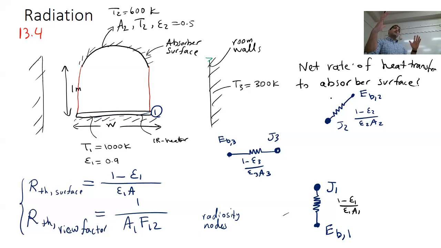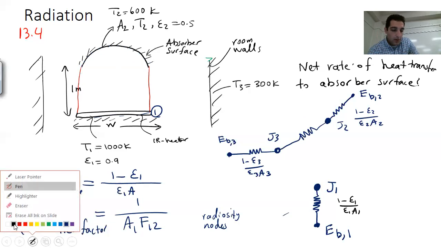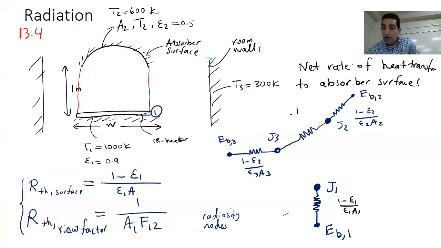Now, each two surfaces in the enclosure get one of those view factor resistances. Between surface 2 and 3, or between this curved absorber and the room walls, I have to assign one resistance, and that's equal to 1 over A3 F32.